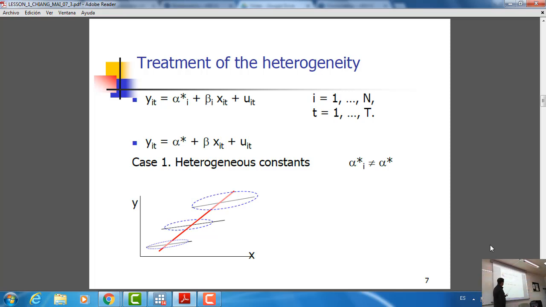So now let me remind you that I also talked about disadvantages, and the disadvantages are that we have problems because now the data is much more difficult to handle, and the estimation techniques are not so obvious.